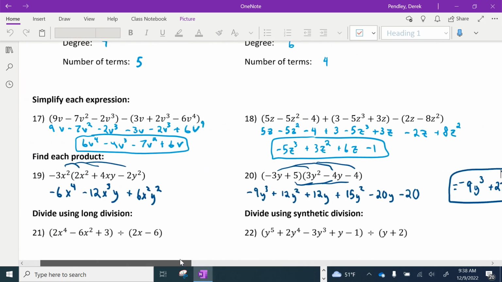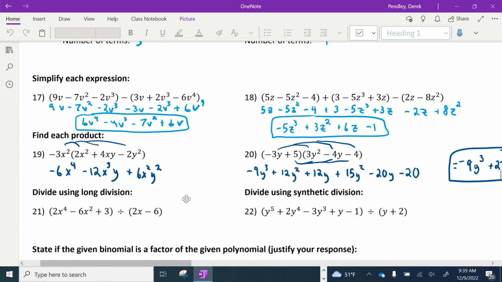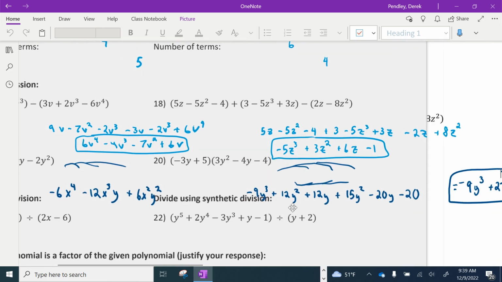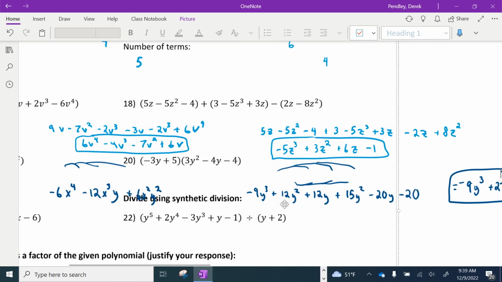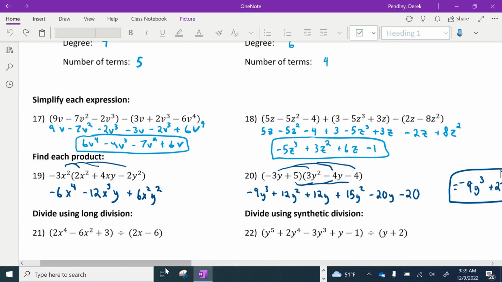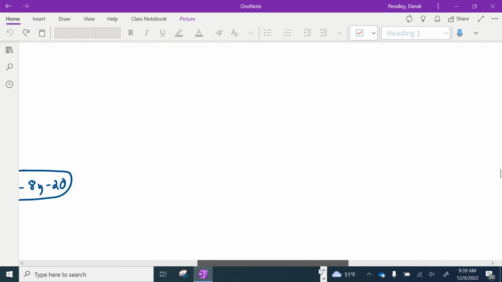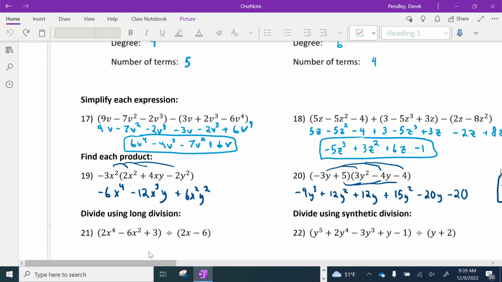All right, moving on to the division. The first one, it wants you to use long division. So I'm going to go over here and view the work on the right side. Let me write this out really quick.